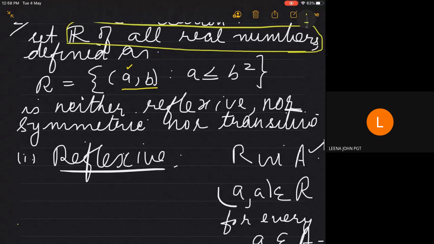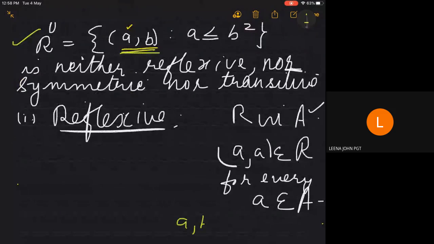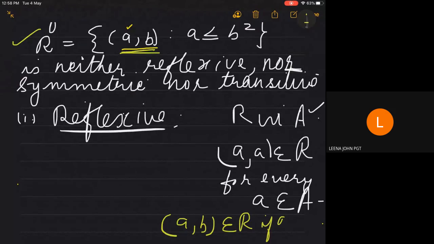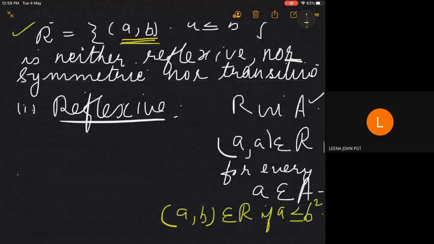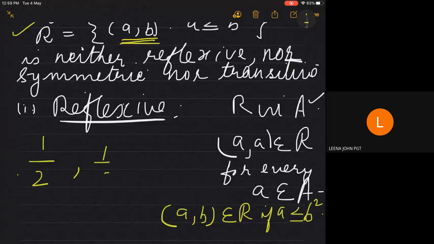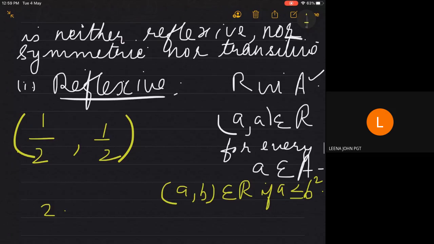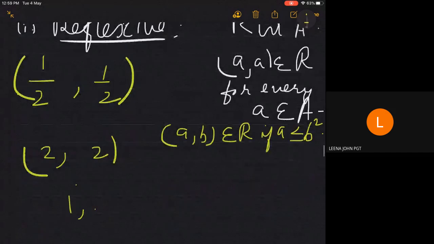Now, how do we check whether one ordered pair is present in the relation or not? (a, b) is in R if and only if it satisfies the inequality a less than or equal to b square. For example, you take 1/2 and 1/2, whether (1/2, 1/2) is there or not, whether (2, 2) is there or not, whether (1, 1) is there or not.